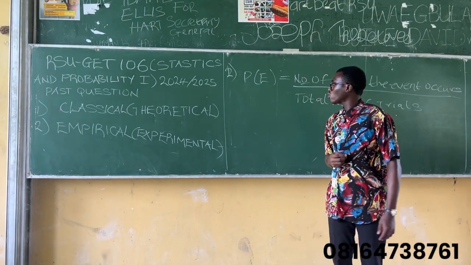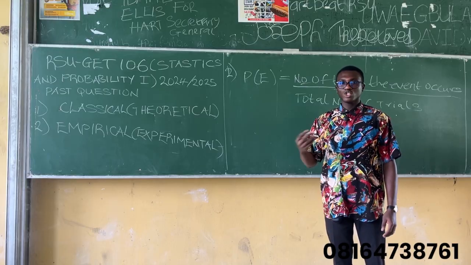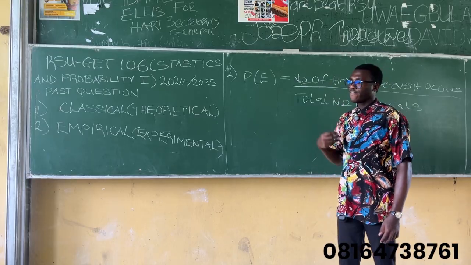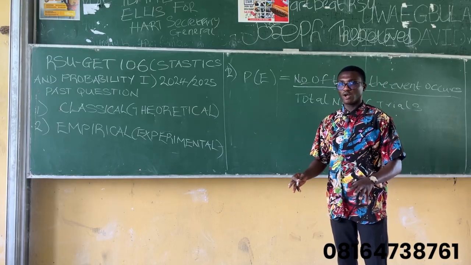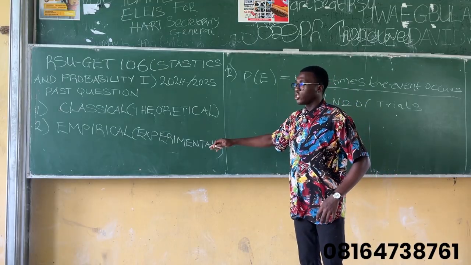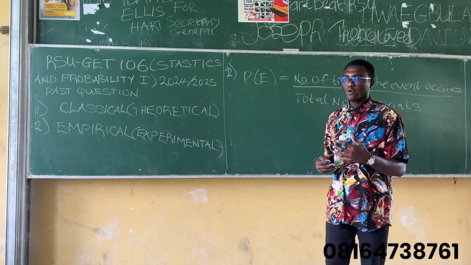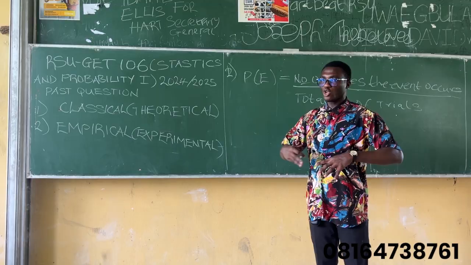So for example, if we were to have a question that says a coin in general, because under the empirical method, the coin is not necessarily fair.